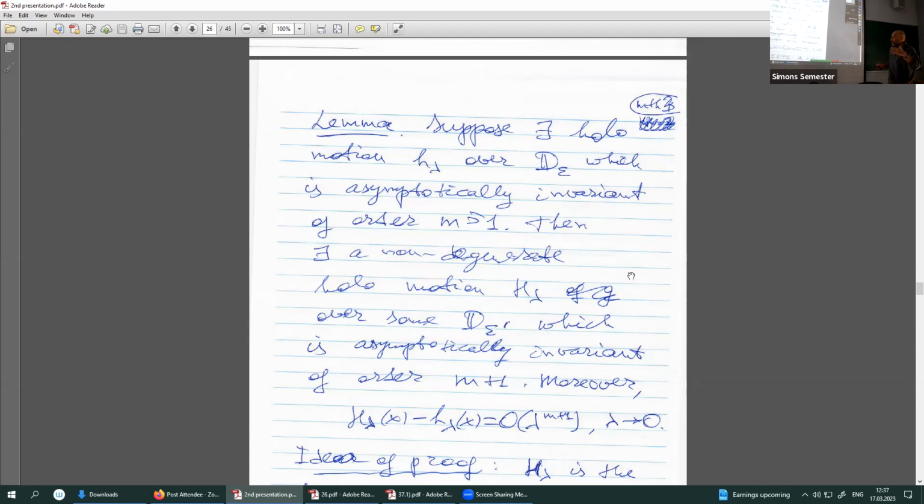Once 1 is in the spectrum of the operator, so there is asymptotically invariant of order 1, then there is asymptotically invariant of order 2, 3, and so on, because you can pass from m to m plus 1 infinitely many times, of course reducing the domain of definition. The asymptotically invariant motion for m plus 1 and the one for m coincide up to m.